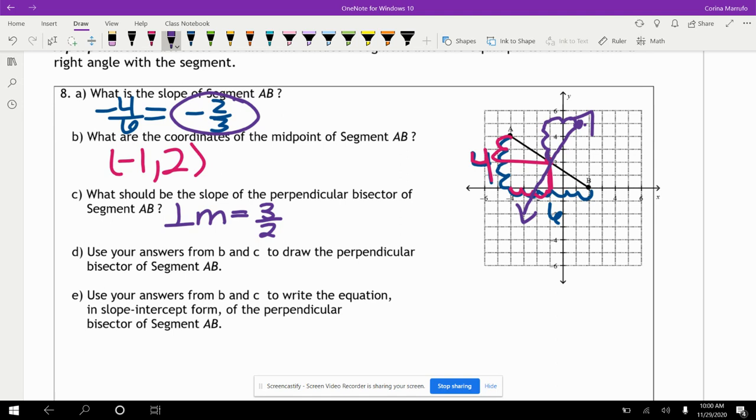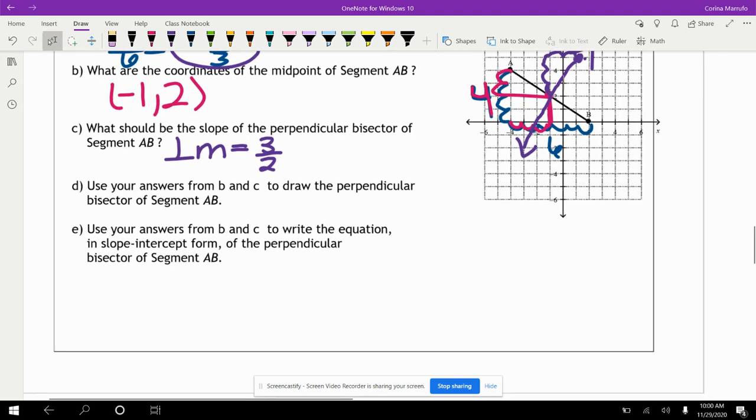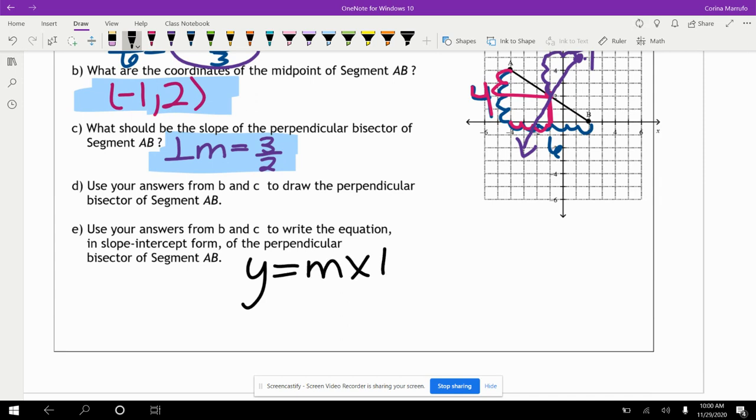Okay, then it says use your answers from B and C to write the equation in slope-intercept form of the perpendicular bisector. Okay, so remember they give us this point here. We know the slope here. So we're going to write it in the form of y equals mx plus b. Now, on the graph, we can't really see what our y-intercept is, so we're going to have to use the equation to figure it out.